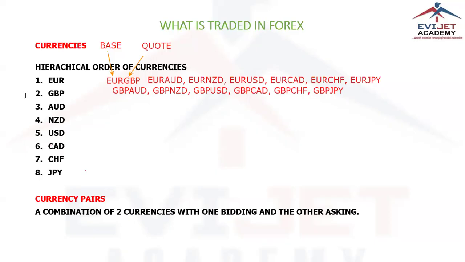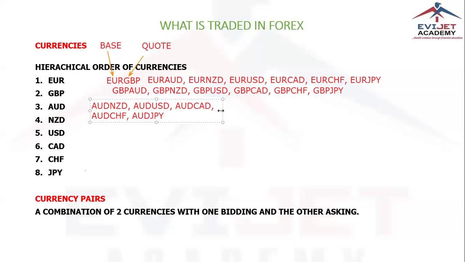Then that takes us to number three, which is the AUD. So for AUD, you have AUD NZD, AUD USD, AUD CAD, AUD CHF, and finally AUD JPY.